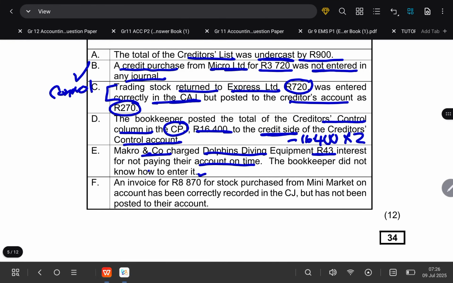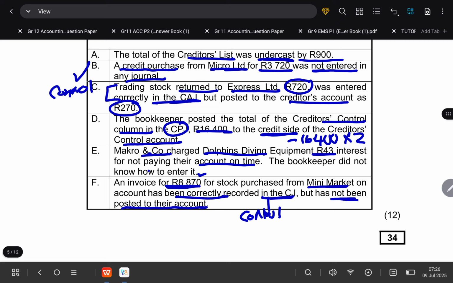Okay. Next, they're saying that an invoice for 8,874 stock purchased from Mini Market on account has been correctly entered in the creditors journal. So remember, once they mention creditors journal, you think about the control account, because they mentioned the name of the main journal, but they are saying that it has not been posted to their account.